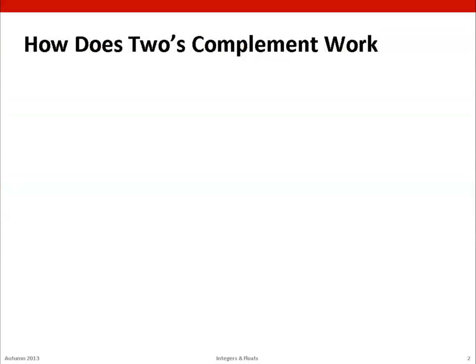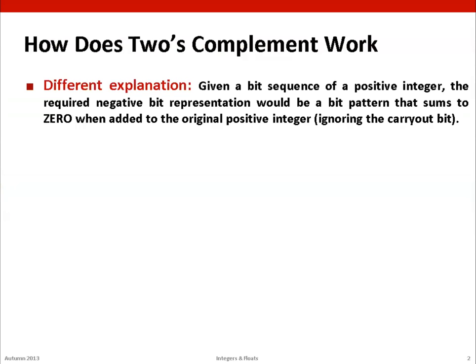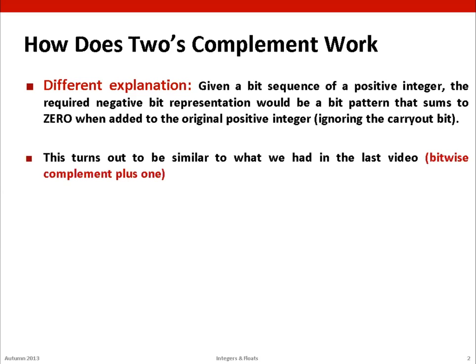But before that, let me just revisit the two's complement with a different definition. Given a bit sequence of a positive integer, the required negative bit representation would be a bit pattern that sums to 0 when added to the original positive integer, ignoring the carry out bit. And this perfectly turns out to be bitwise complement plus 1, as we saw before.